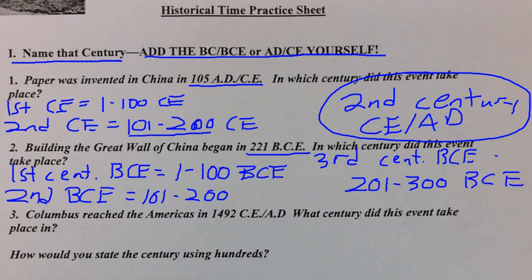And now I can see that 221 BCE is one of the years in this century. So, boom, there it is. 3rd century BCE is the correct answer. Okay? You should have 3rd century BCE, and you should understand why. And here it is, why.